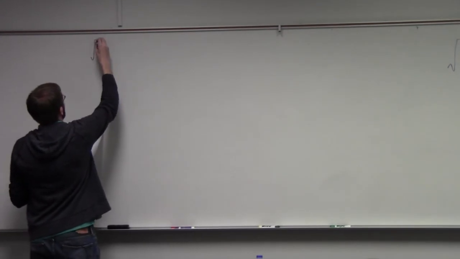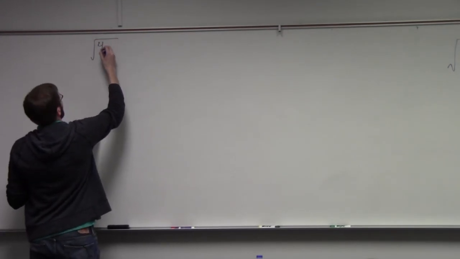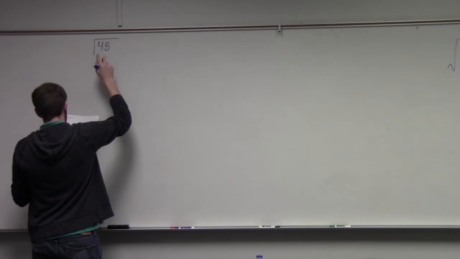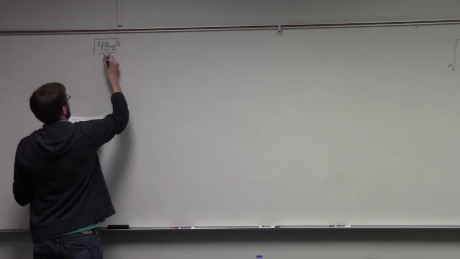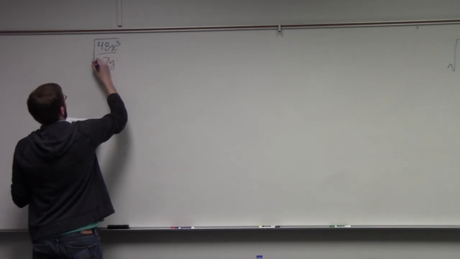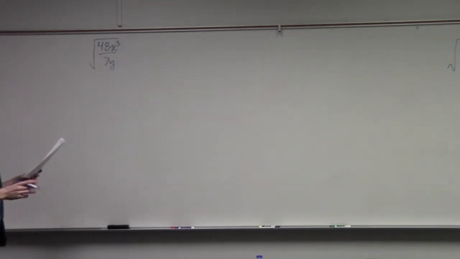Next I have the square root of 48x cubed all over 7y. That's the same way we just did that. You can break it up. The first thing I do is see if anything can simplify in here.